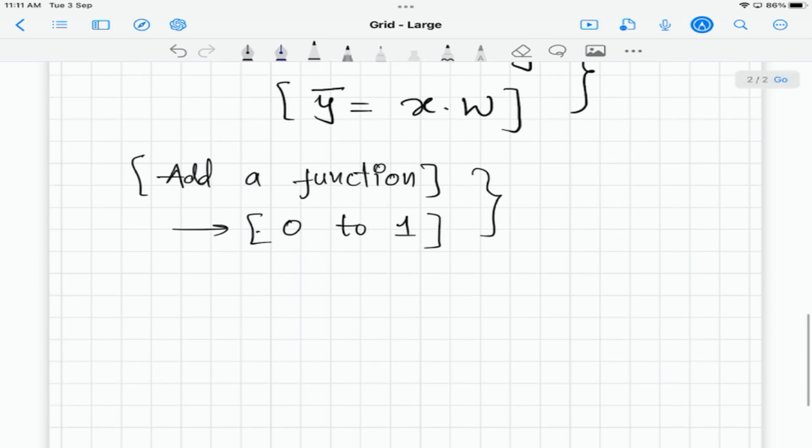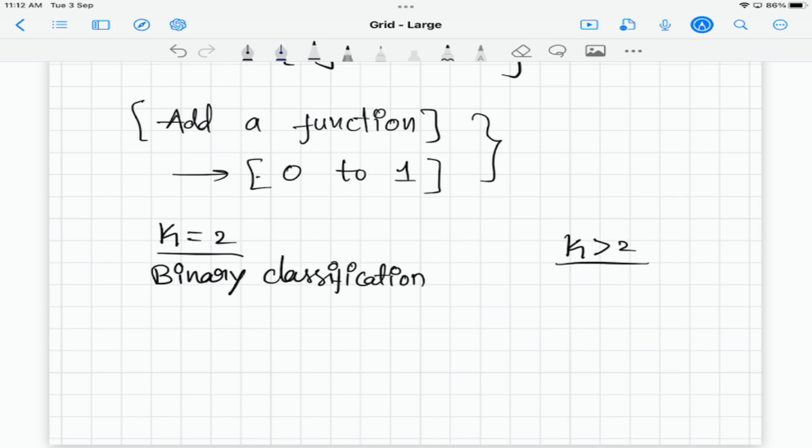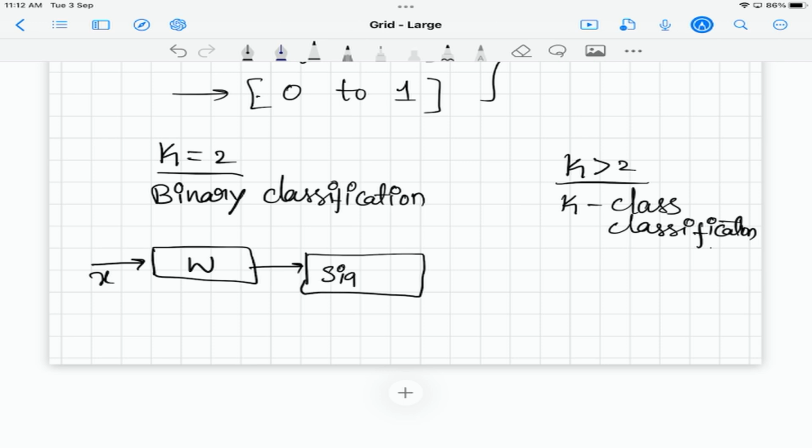We have two different cases. One is k equals 2, where it is just a binary classification problem, and the other where k is greater than 2, that is your k-class classification problem. In binary classification, you have a linear model taking x and giving you some intermediate value, and to this you add a function called sigmoid.